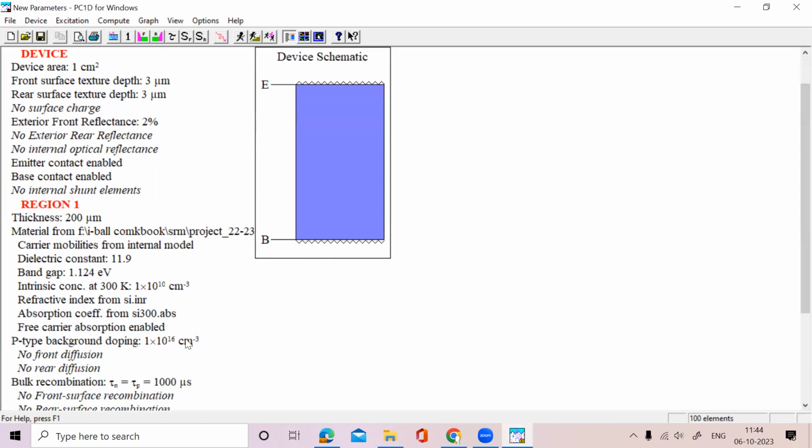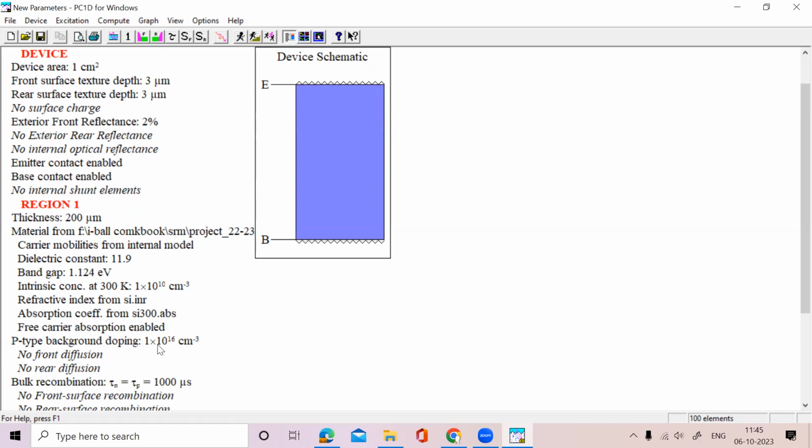P-type background doping is 1 into 10 to the power 16. It is already coming in the software. You can change it, but I am not going to change it because it is a standard silicon industry solar cell, and this is an industry value. Okay, this P-type doping.